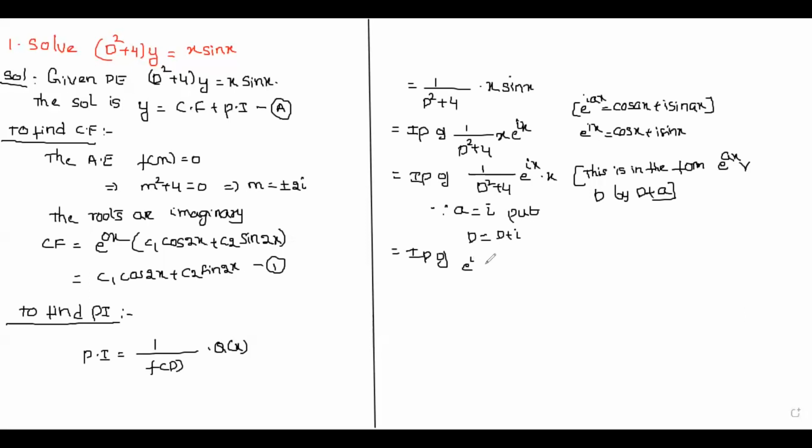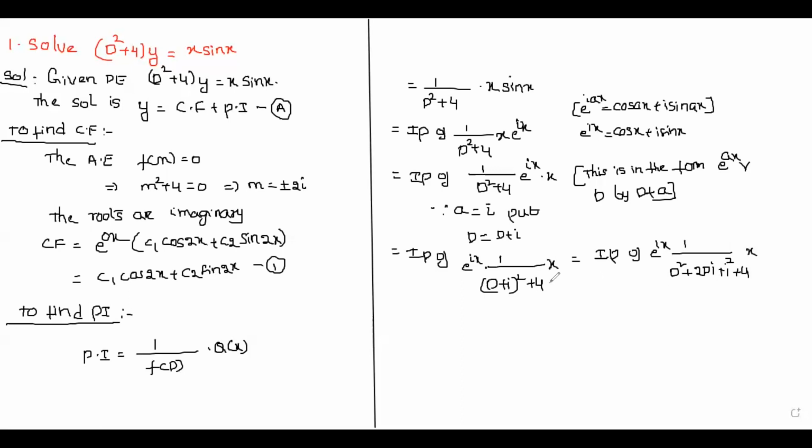So e power ix into 1 by (d plus i) whole square plus 4 into x is equal to the imaginary part of e power ix into 1 by d square plus 2di plus i square plus 4 into x.